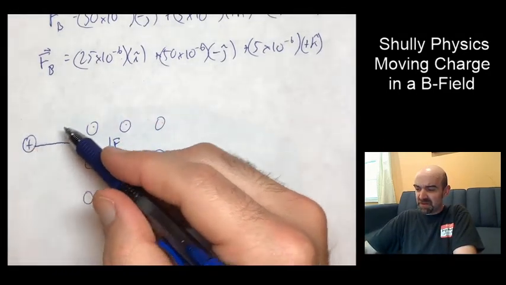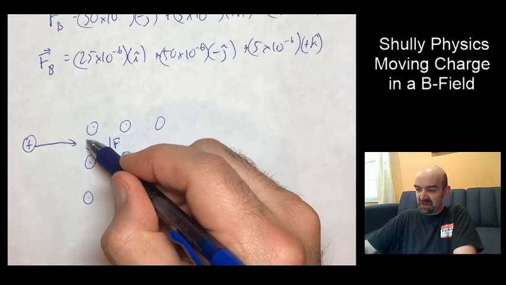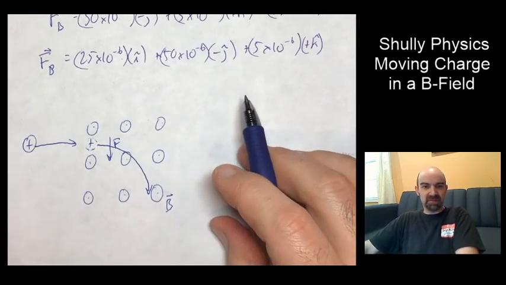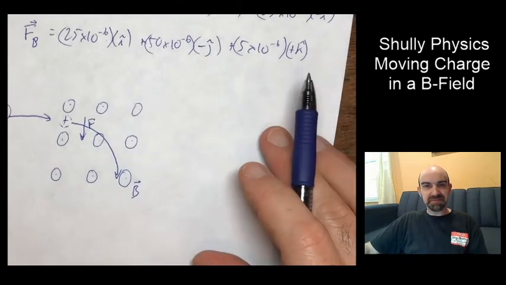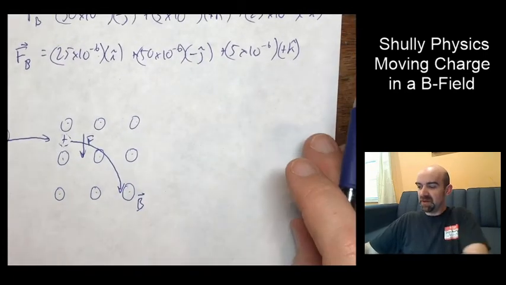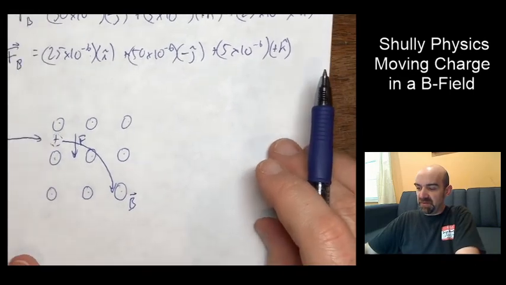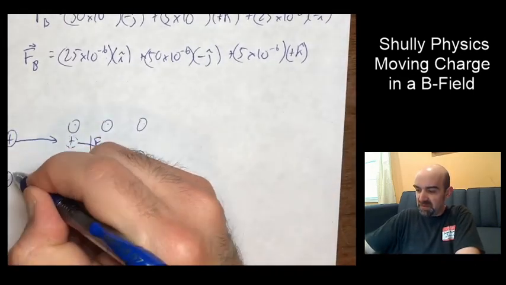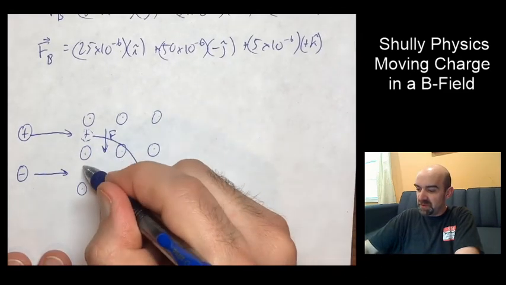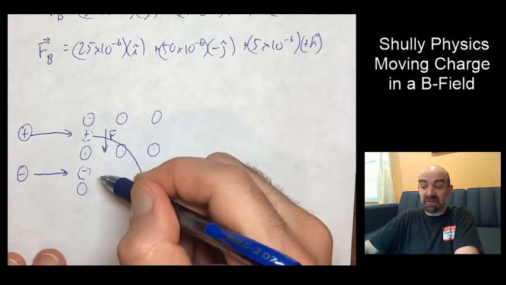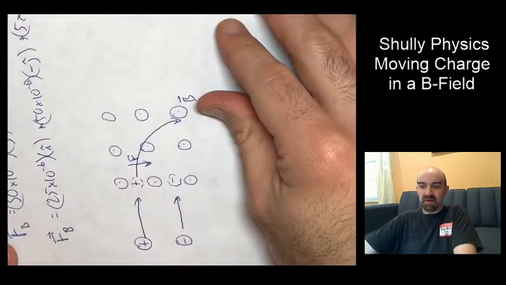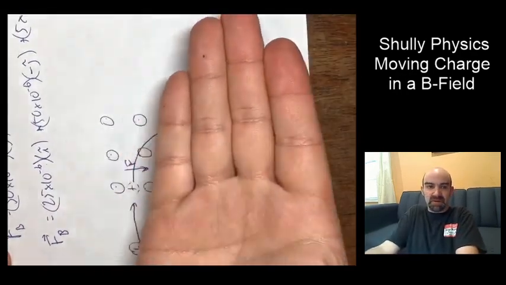So once this positive charge enters this region, it's going to start to accelerate in that direction. That might be the path. All right, sort of like gravity right there. Now, what if this were a negative charge? What would it do? Well, as it approached, it would do the opposite. We do the right hand rule the same way. There's the direction of the charge.